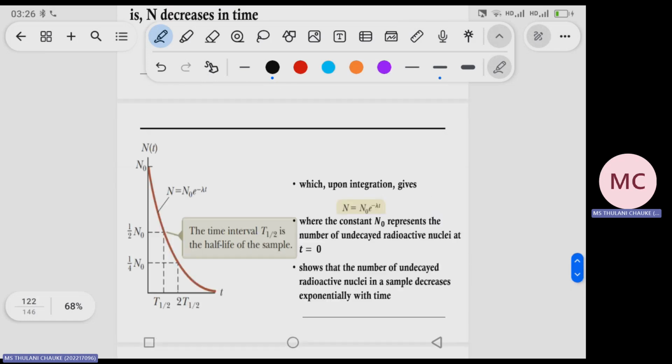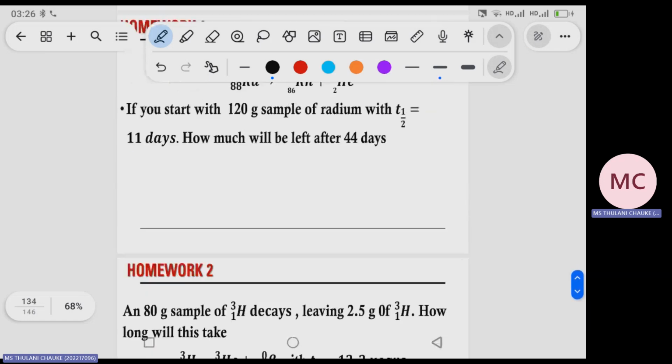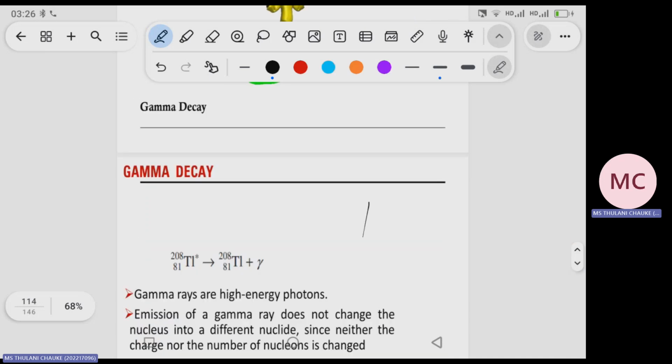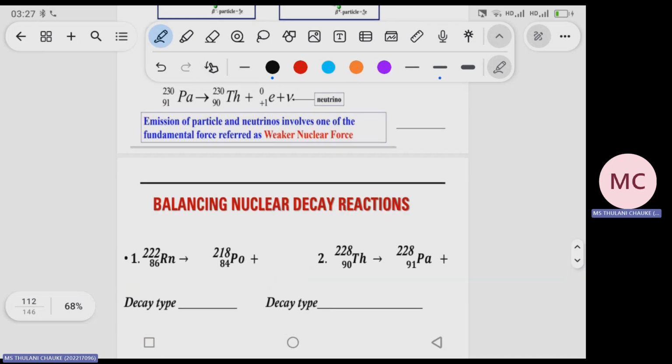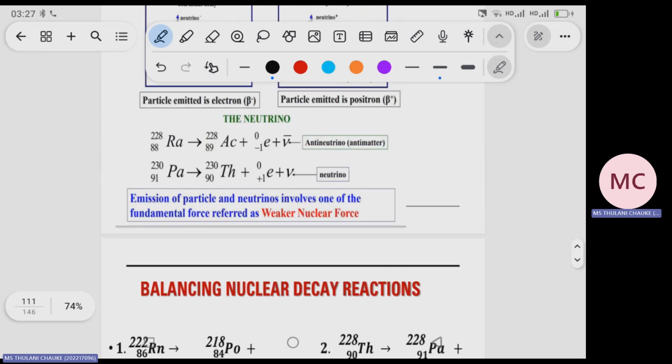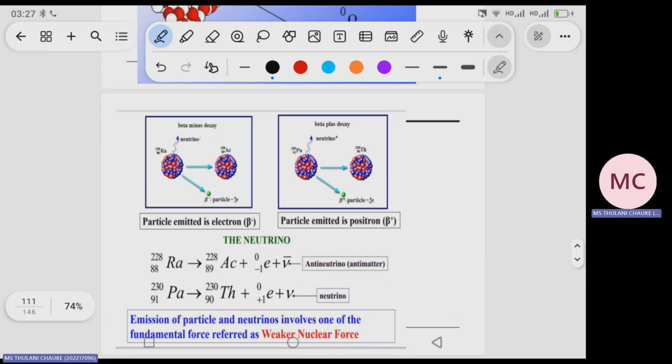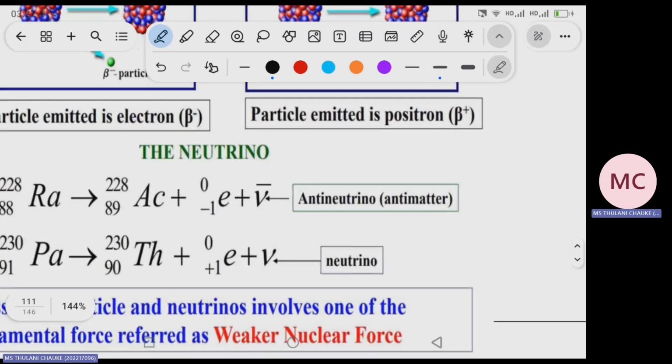Let me see what variables they used on your slide. Oh yeah, on your guide they are using the same for neutrino and antineutrino, which is fine.